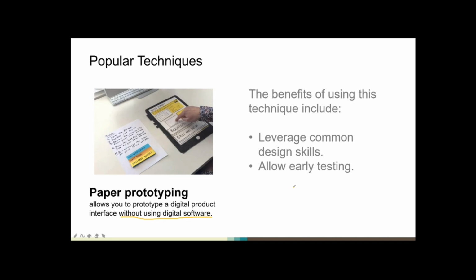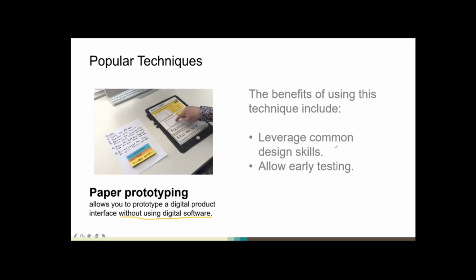While this is a relatively simple technique, it can be useful when a product team needs to explore different ideas and refine designs quickly. Some benefits of this technique include leveraging common design skills, so everyone can sketch, and this means that everyone can build paper prototypes. So even if you just know how to scribble, you can create your own prototype.